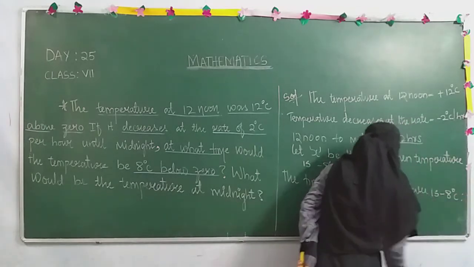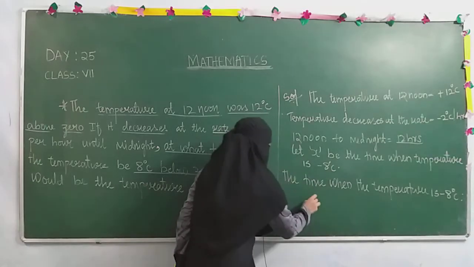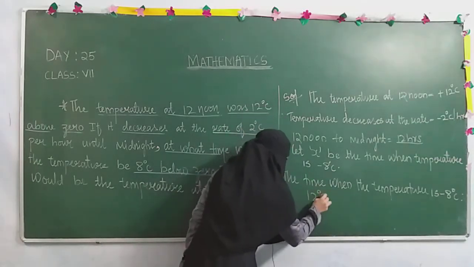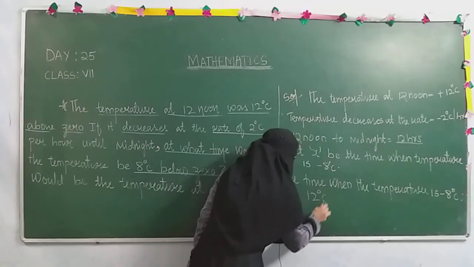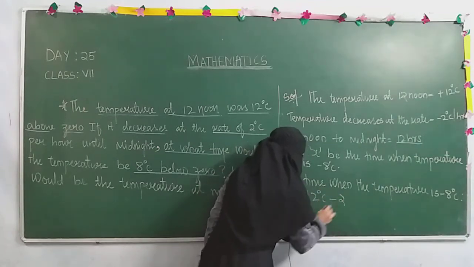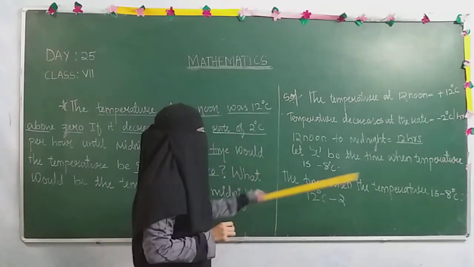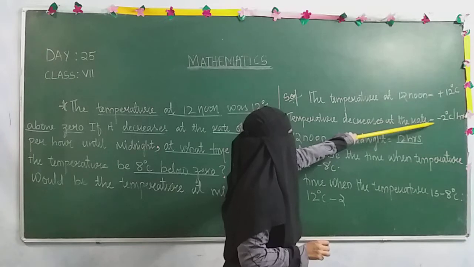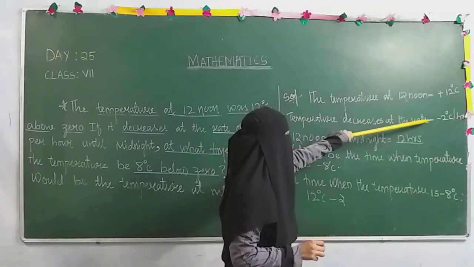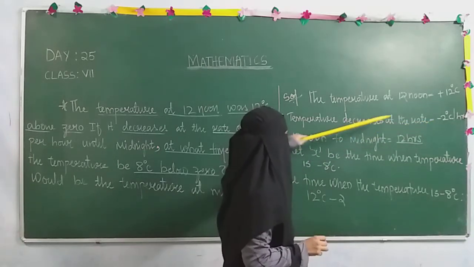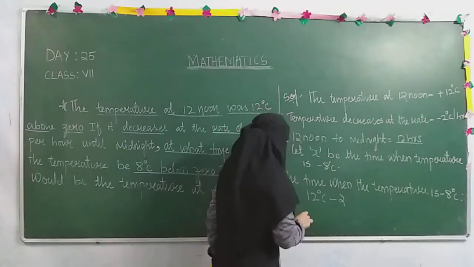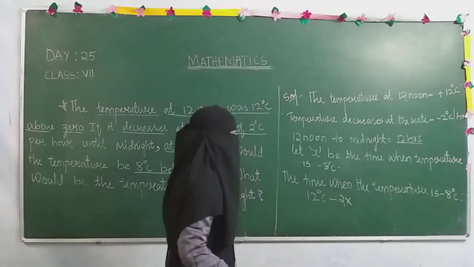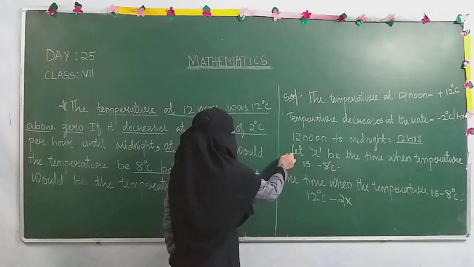The initial temperature was 12 degrees centigrade, so I write 12 degrees centigrade minus 2. Why have I taken minus 2? Because the temperature is getting decreased at the rate of 2 degrees centigrade. Decreasing means I have used minus 2, into the time we have taken.